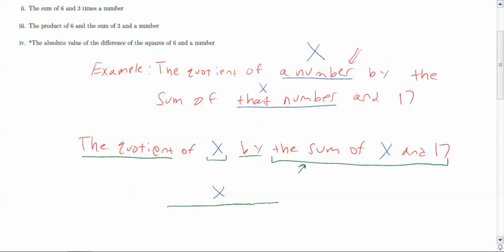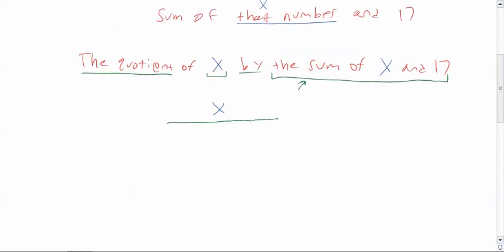So x is going to go on top, and it's going to get divided by the sum of x and 17. So what is the sum of x and 17? Well, sum means that we're adding things, and we're adding x and 17. So this is x plus 17. And so in the end, we have x divided by x plus 17.